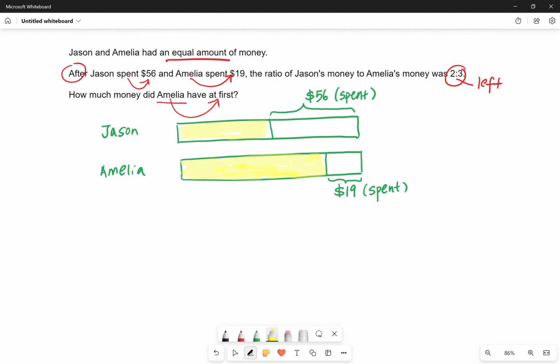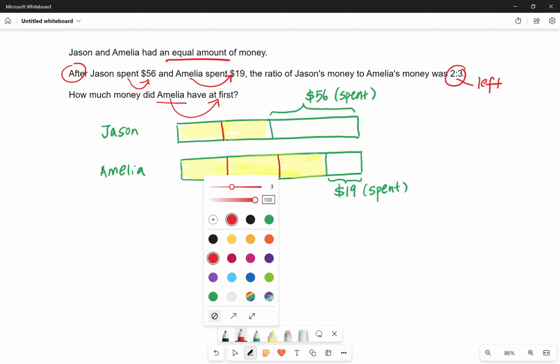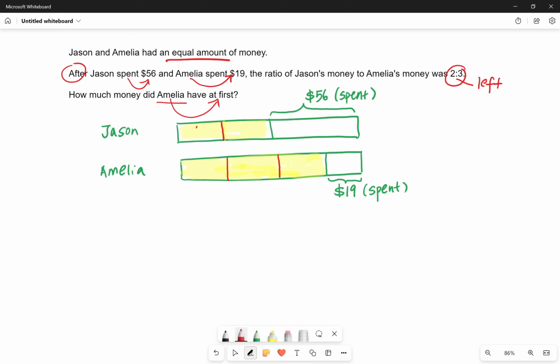As we know from the question, Jason's money left was 2 units, whereas the amount of money that Amelia had left was 3 units. So this will give us the ratio 2:3. Now we can write 1 unit for each of the yellow boxes to show the ratio 2:3 clearly.